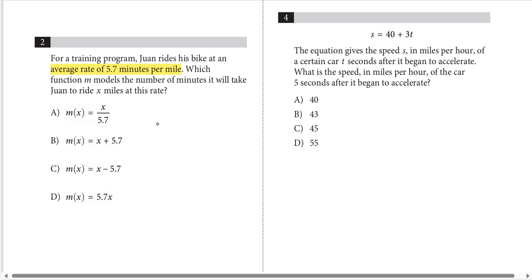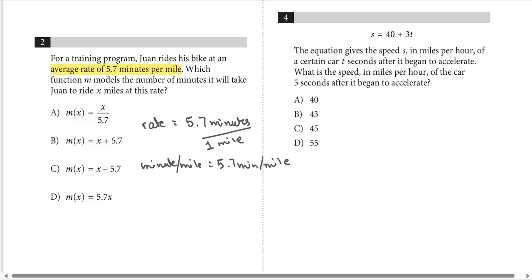So somebody is saying that rate is equal to 5.7 minutes per 1 mile, which models the number of minutes it will take to ride X miles. So M is the amount of minutes. So if I want minutes, I'll have to multiply by the amount of miles. So rate is also in minutes per mile is equal to 5.7 minutes per mile.